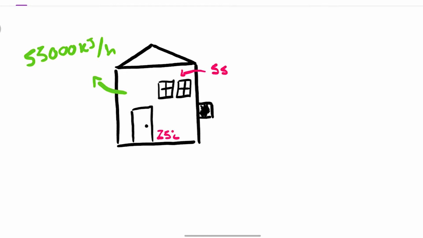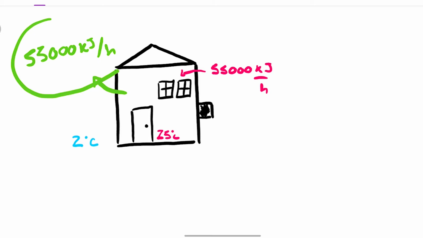The same 55,000 needs to go back in, so that we have equilibrium and this house does not cool down. Because if we don't, there's a difference in temperature here, and this energy that keeps leaving is going to make the inside of the house cool down. Brilliant.